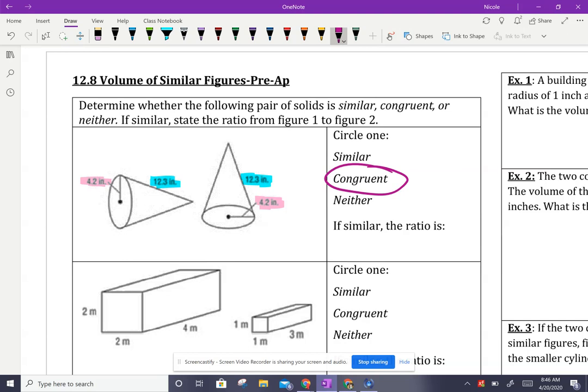So they are, in fact, congruent. There's no number that's necessary. 4.2 is equal to 4.2. 12.3 is equal to 12.3. If they were similar, then we would come up with a ratio, but if they're congruent, we don't have to do that. So we'll look at the next problem.